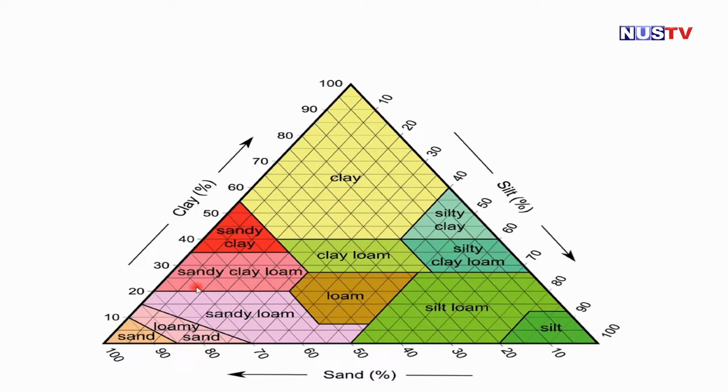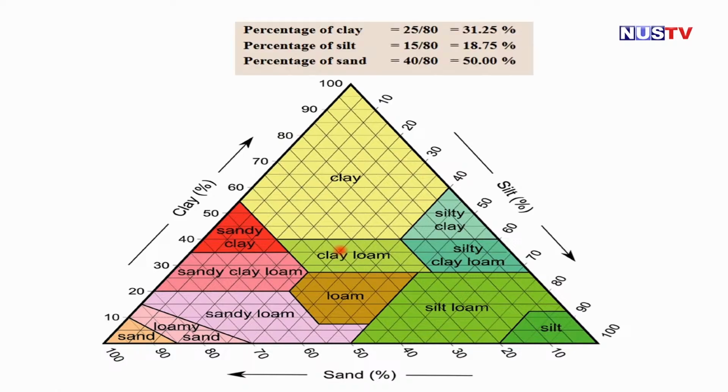Use the percentage and draw the line using the texture triangle. What will be your answer? And the answer is shown on the diagram. 25 for clay, 25 divided by 80. Remember, 80 is the total millimeter. Percent is 31.25% for clay.